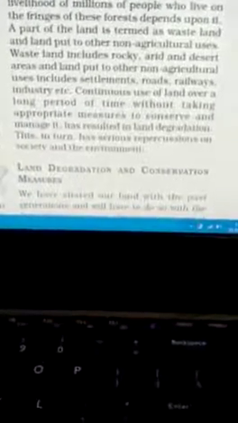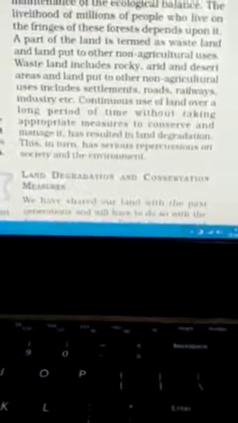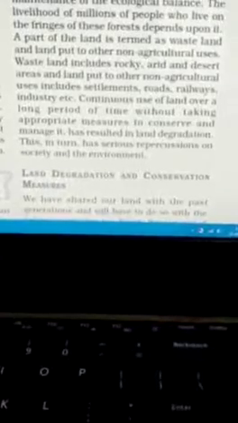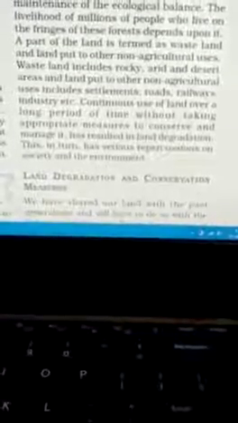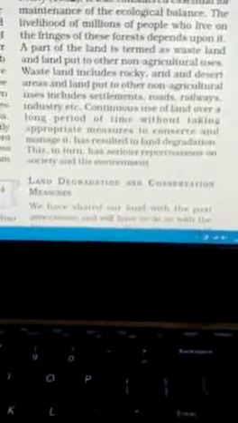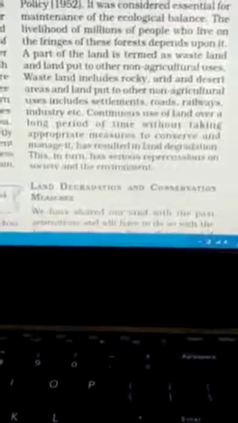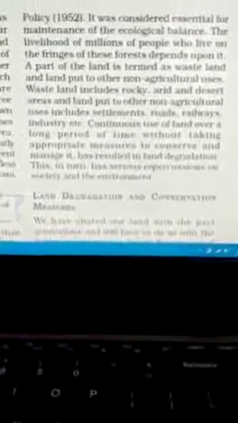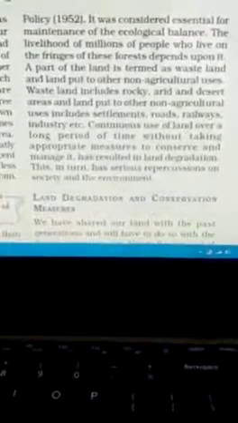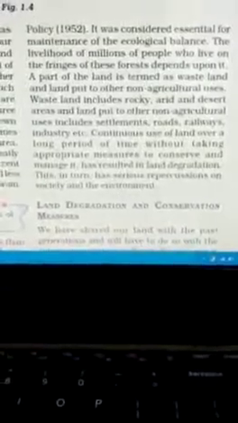Continuous use of land over a long period of time without taking appropriate measures to conserve and manage it has resulted in land degradation. We are using it continuously, and we are not taking care to manage and conserve it, so it results in land degradation, meaning the quality of the land is getting worse day by day, whether for agricultural purposes or some other purposes.